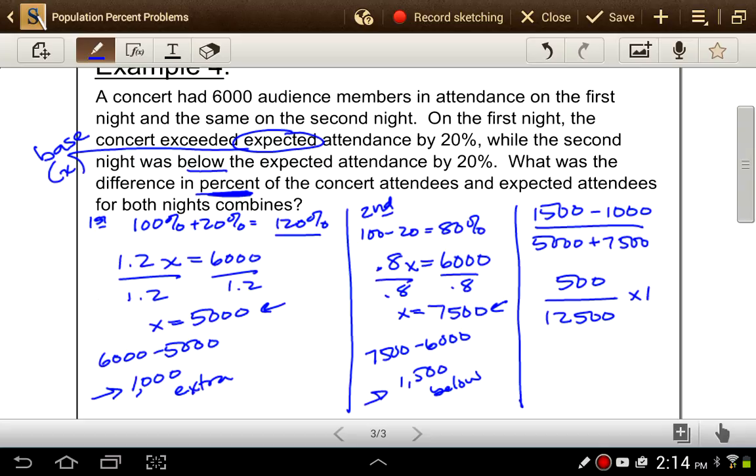Multiply that by 100 because we want to turn it into a percent, and you end up getting 0.04 times 100, which is 4%. Okay, so we're 4% below expected attendance. Okay, so a lot of steps in this one, and you got to pay attention to what the numbers represent. Okay, so that's how I do that.